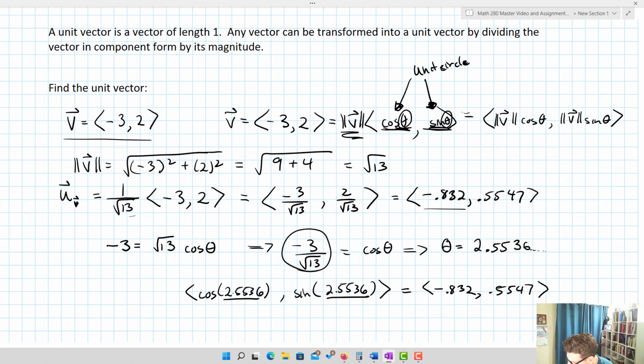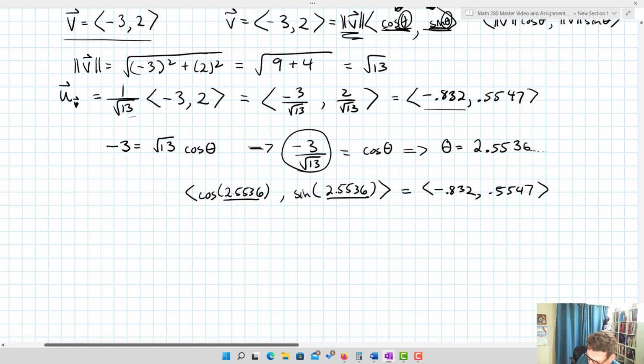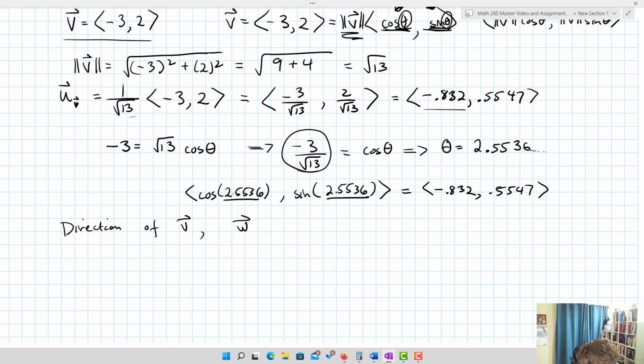Let's say for example that's what I want. So the direction of V, and we'll call it W, the magnitude of W is going to equal 8. Well, the simplest thing to do is to multiply the unit vector by 8.